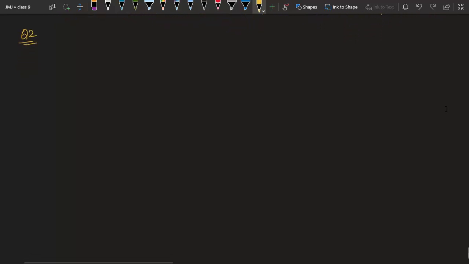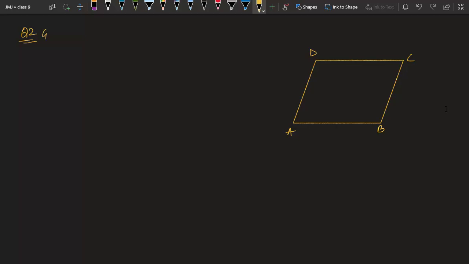Okay, now let's see question number 2. Question number 2 is ABCD is a rhombus. So again, let's draw a rhombus. We all know a rhombus is a parallelogram with all sides equal. So we need to recall all the properties of a rhombus. So given ABCD is a rhombus.